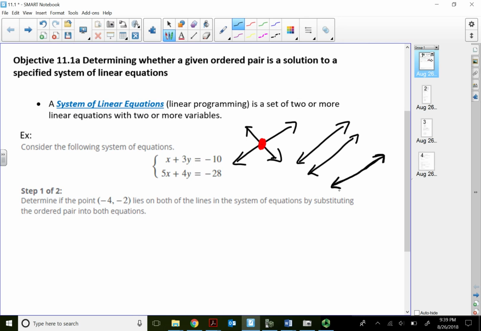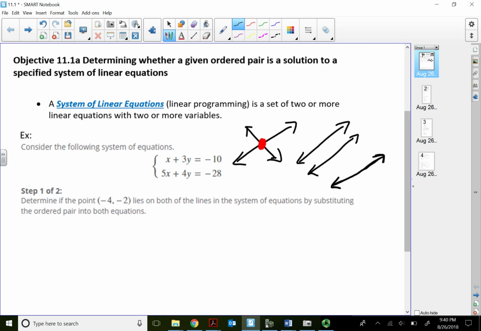If it appears to be one line, that means they are on top of one another, so they have an infinite number of solutions because they're intersecting everywhere. Parallel lines mean they have no solutions.